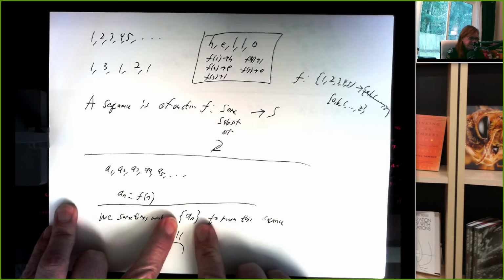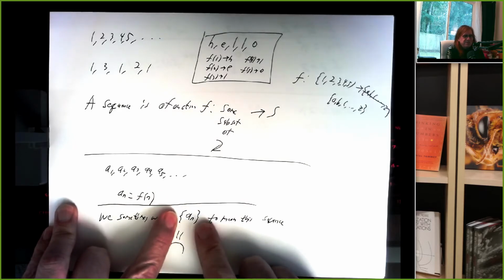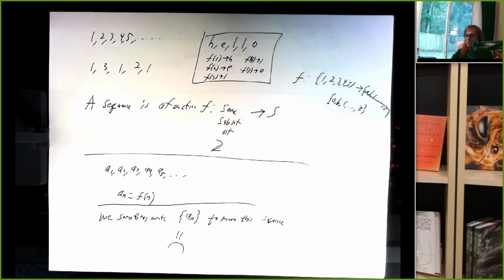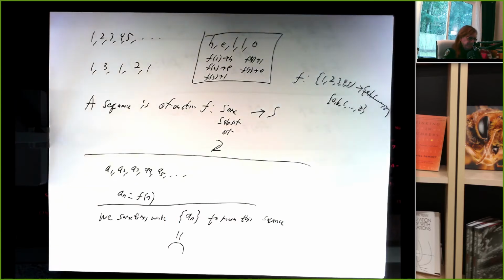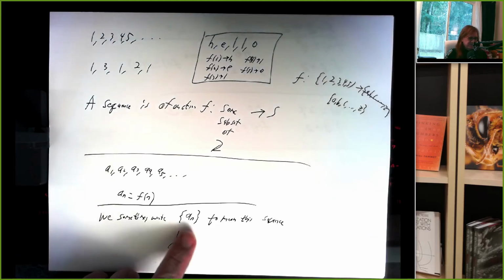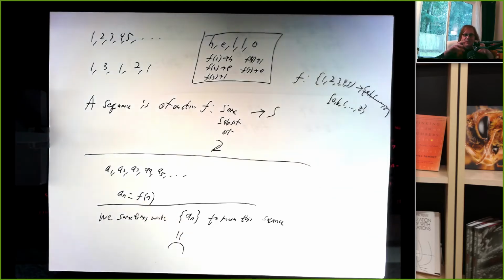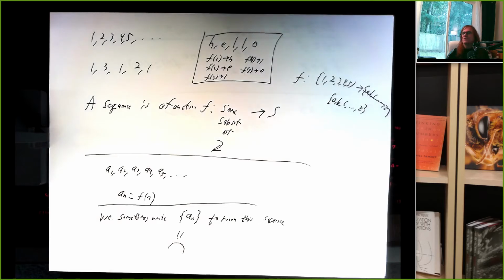But these a_n might not be distinct from one another. This is not a set. This is a different use of curly brackets. Totally different symbology. But if you see A subscript n inside curly brackets, it might be referring to the sequence itself, this ordered collection of elements of some set.